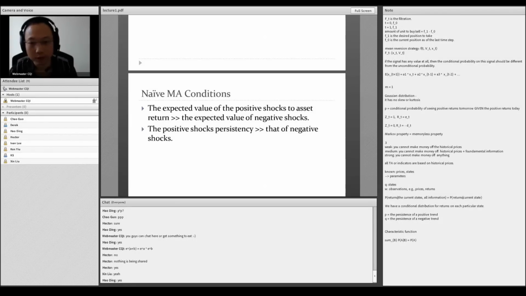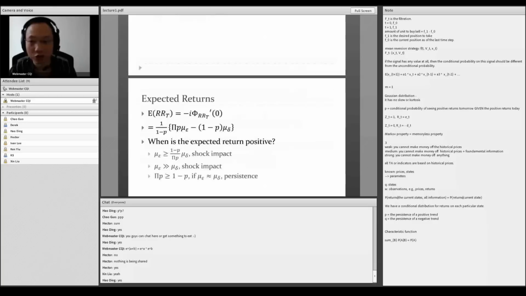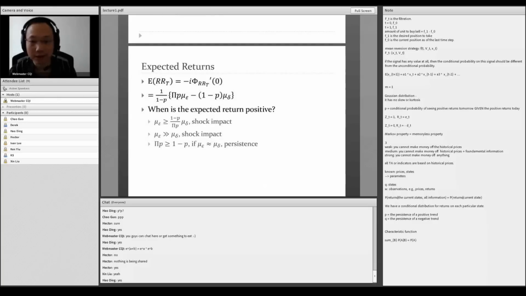So the positive persistence needs to satisfy this equation for us to make money. So you see, this is the magic of quantitative trading. Before you do anything in trading, just by mathematical analysis, you know exactly how much money you could make with these strategies, and you know exactly the conditions that need to be satisfied in the market so that you can play these strategies.